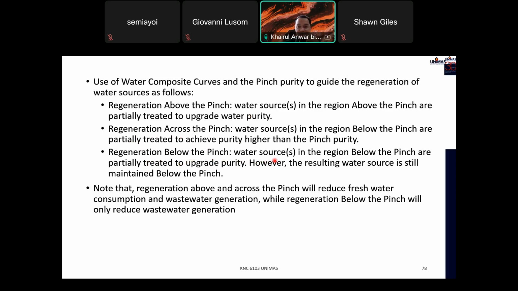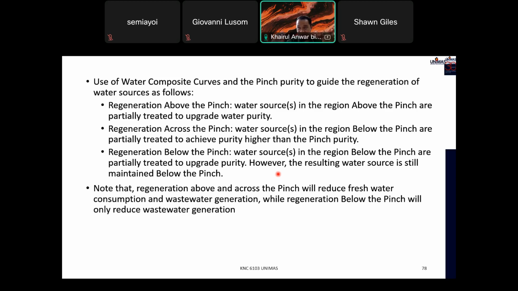So for below the pinch, water sources in the region below the pinch are partially treated, but the thing is, although we regenerate the water below the pinch, it's still not up to the pinch purity level.